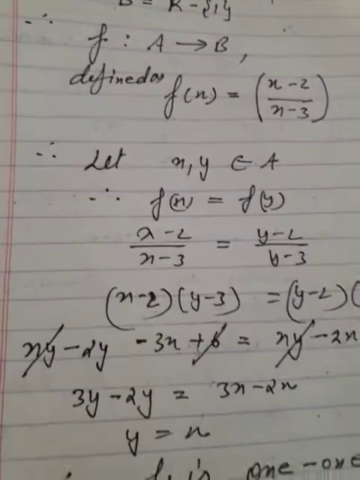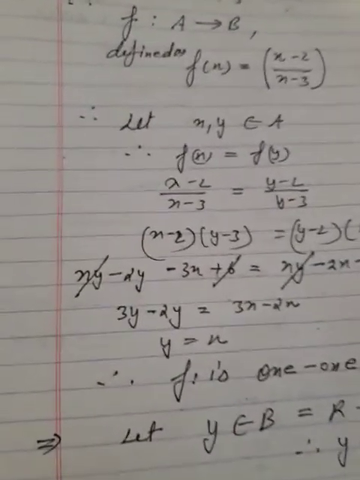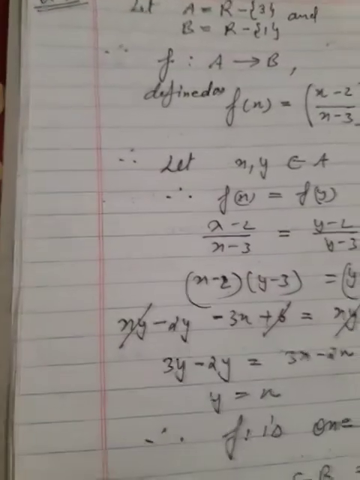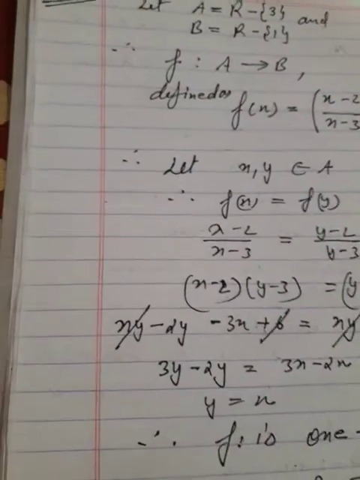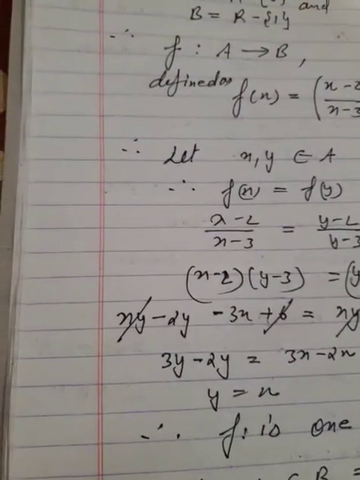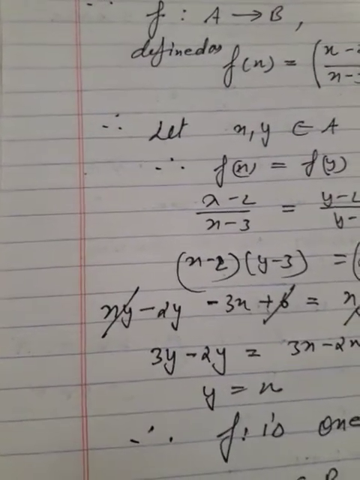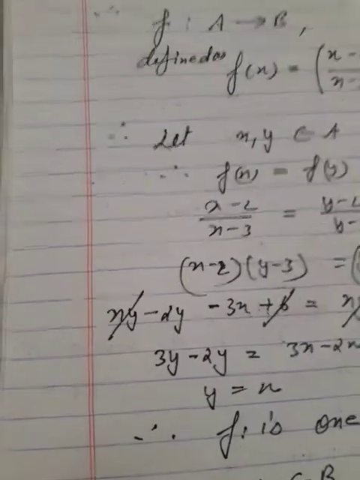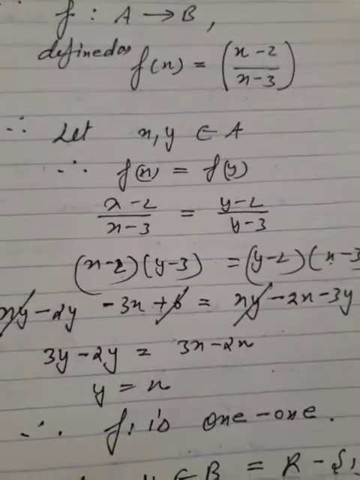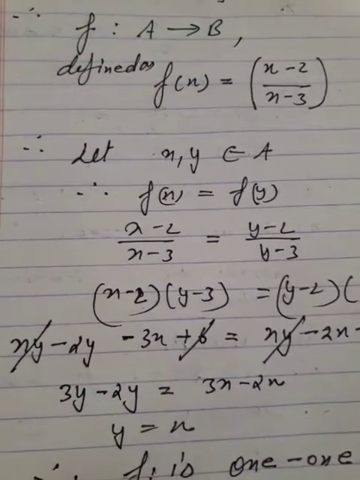So let us check. Now in this question we have to check whether this function is one-one or onto, and we have to verify this also. First we are checking for one-one.